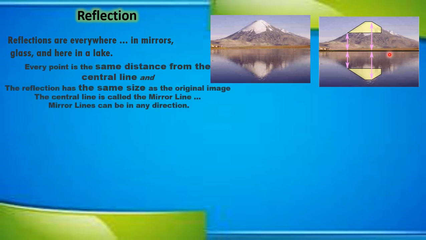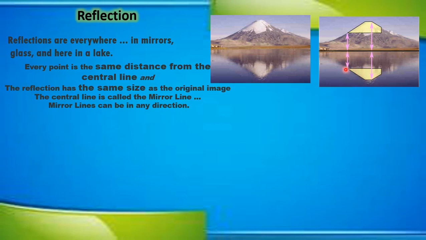Every point in this is the same distance from the center line. This black line shown here is in the center. It is known as the center line, and also as the mirror line. The reflection has the same size as the original, as if we draw this pentagon and its image in the lake is also shown here.